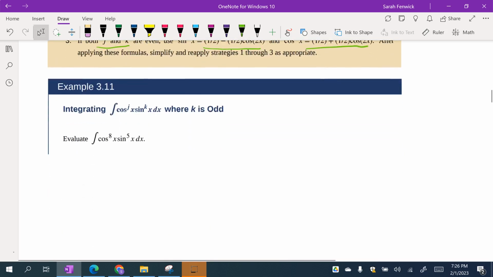So, cosine^j x, sine^k x dx, where k is odd. We have cosine to the 8th x, sine to the 5th x, dx. Since my sine has an odd power, I'm going to rewrite this as cosine to the 8th x, sine to the 4th x, and then sine x dx.